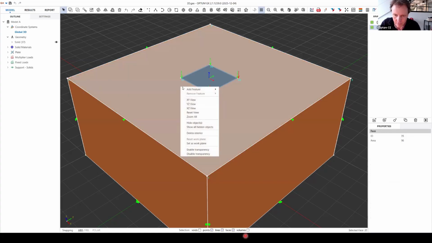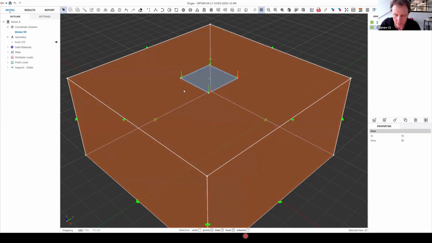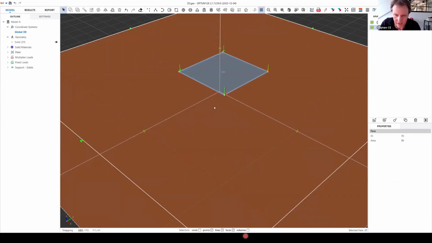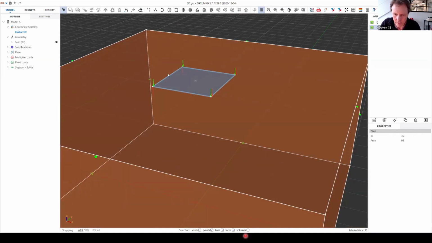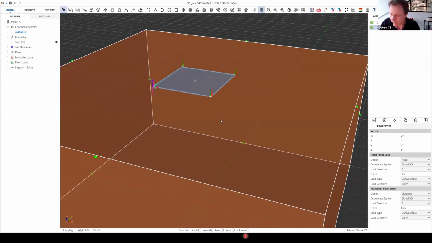And let me just turn on transparency. You can see over here at the other two corners, you have multiplier loads of equal and opposite magnitude to basically give a moment equal to 1.